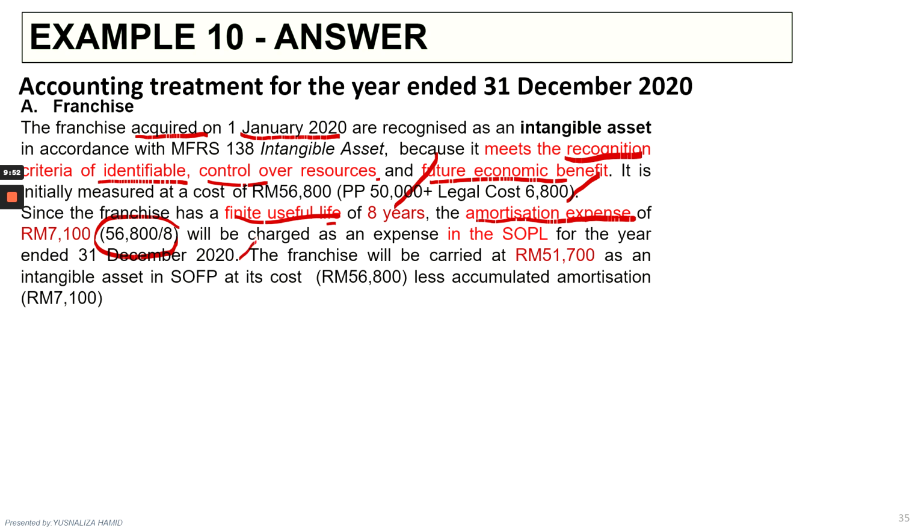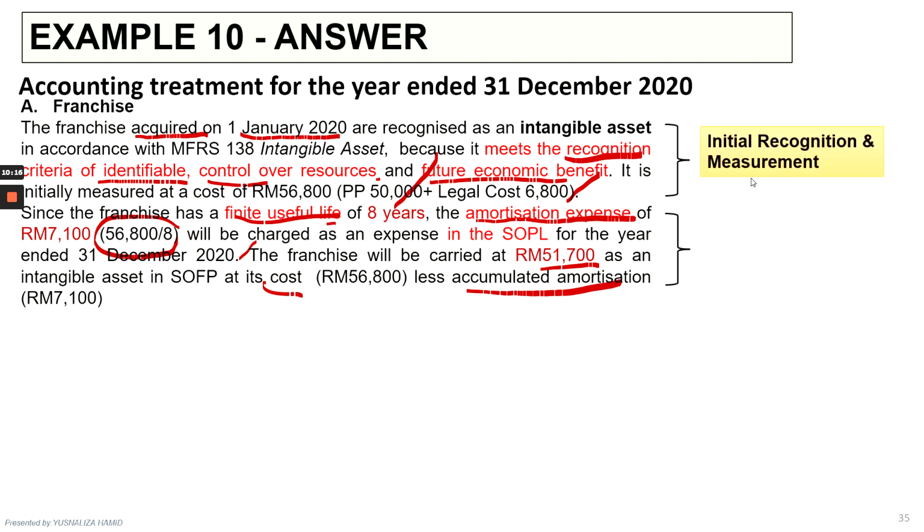So as at 31st of December 2020, that is the first year amortization, and in that year, that franchise will now be carried at 51,700, which is the cost less the accumulated amortization, 7,100. And this is actually the explanation for initial recognition, the first paragraph here. And this is the explanation for subsequent measurement using cost model for asset with finite useful life.